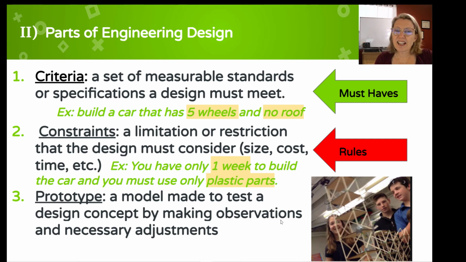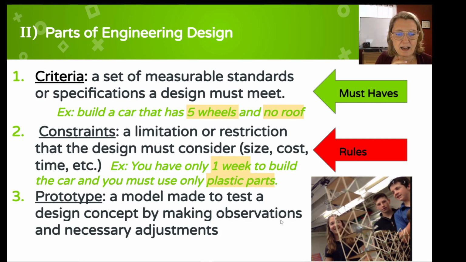Constraints. These are like the limitations, not really the rules, but things that you're not allowed to do. Limitations or restrictions that the design must consider. So maybe you're not allowed to spend more than $1 million. Maybe it has to fit inside of a space shuttle.